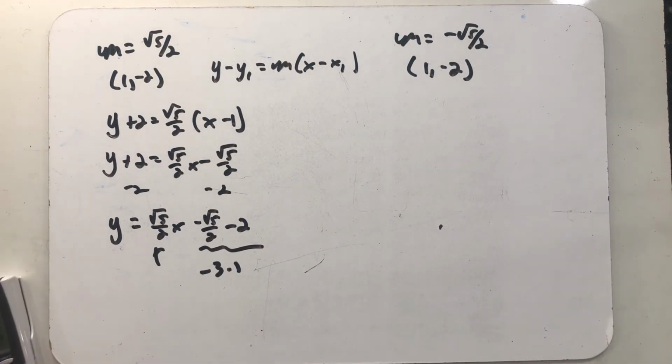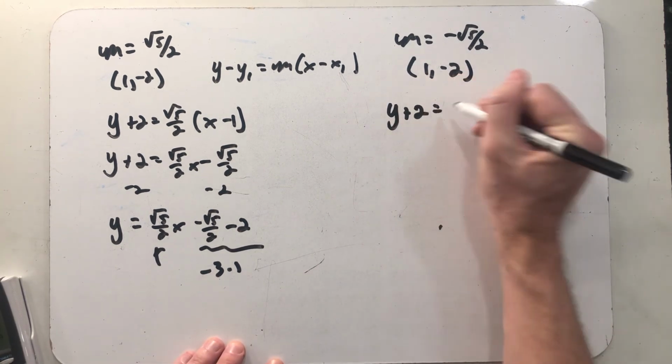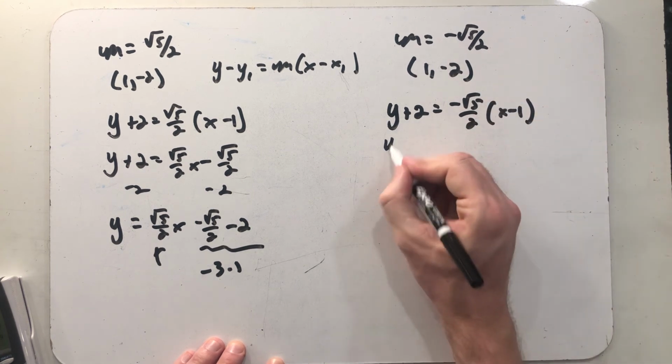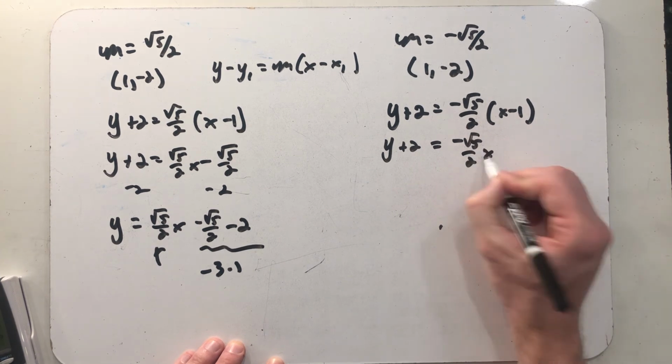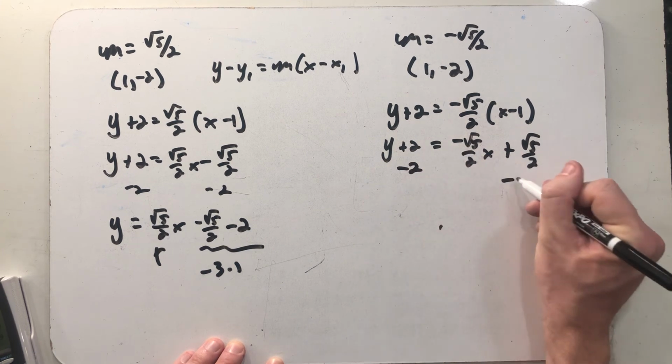All right, let's find the equation of the other asymptote. So it's very much the same calculation, except for now the slope is negative. And so I distribute again. Careful with the minus, because now I have a plus √5 over 2, but I still have to take 2 away.